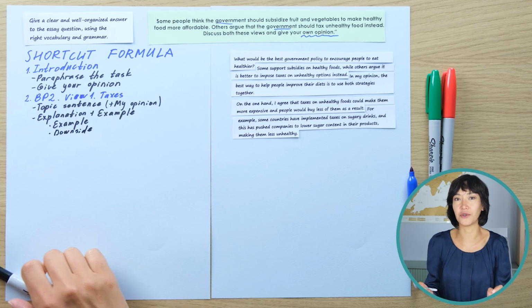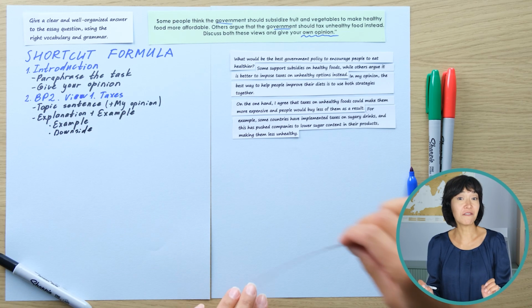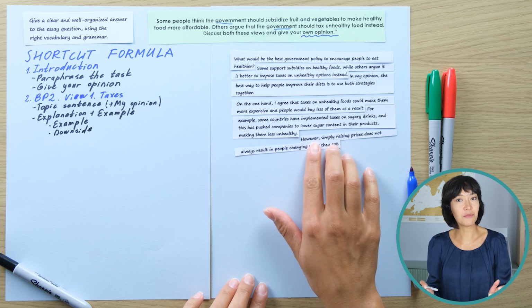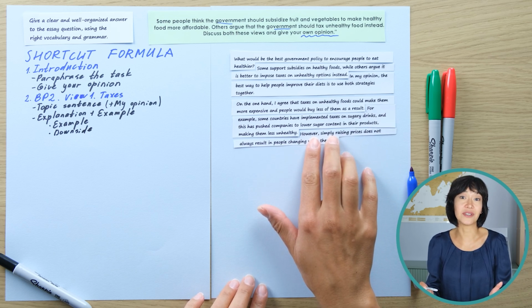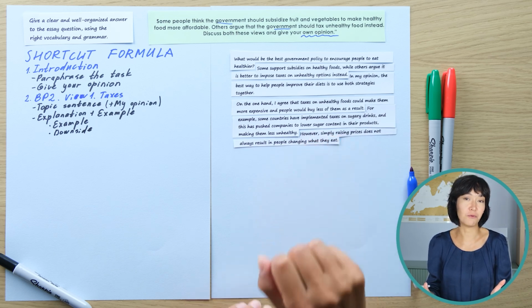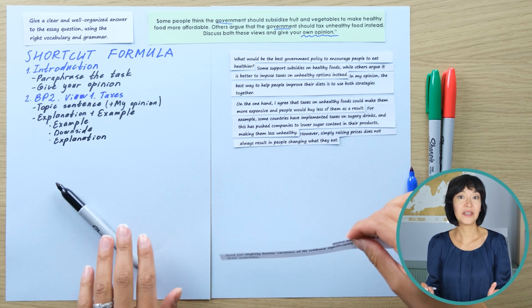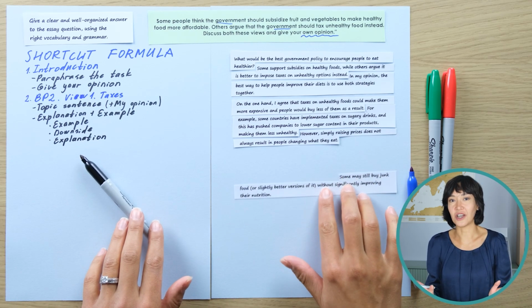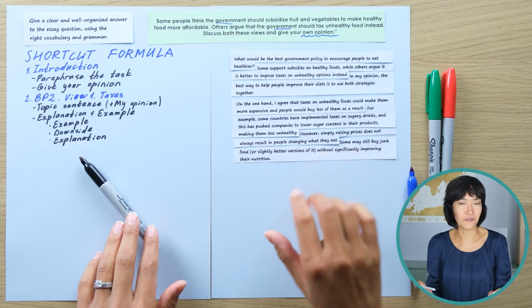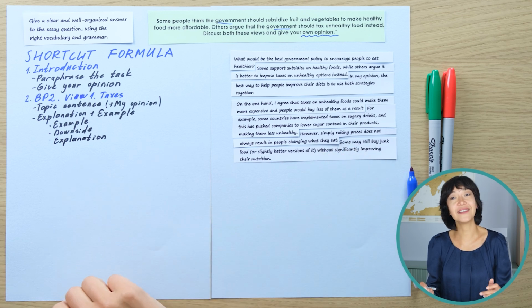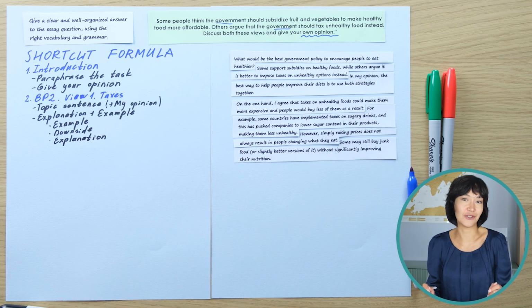What's not so good? However, simply raising prices doesn't always result in people changing what they eat. And an explanation? Some may still buy junk food or slightly better versions of it without significantly improving their nutrition.